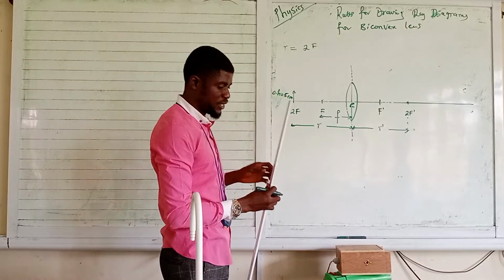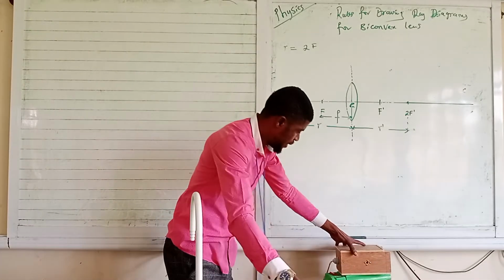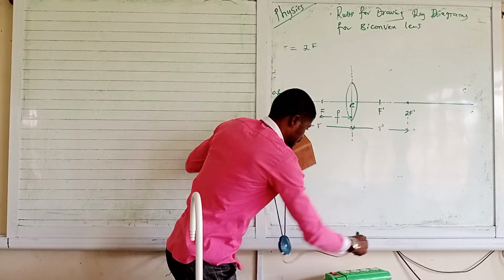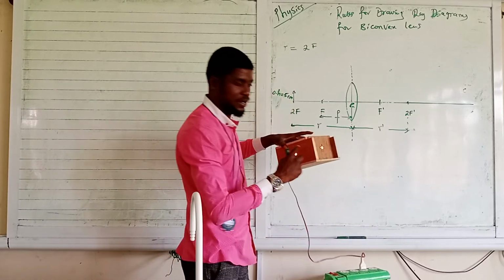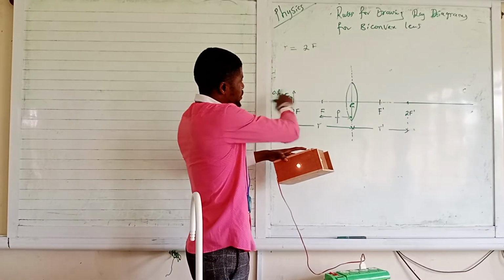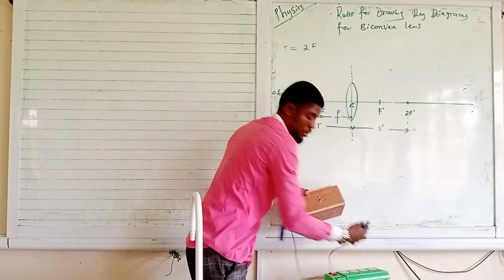Our object height is 5 cm. This object is simply the ray box, the light that is coming out of here. That is the ray box.